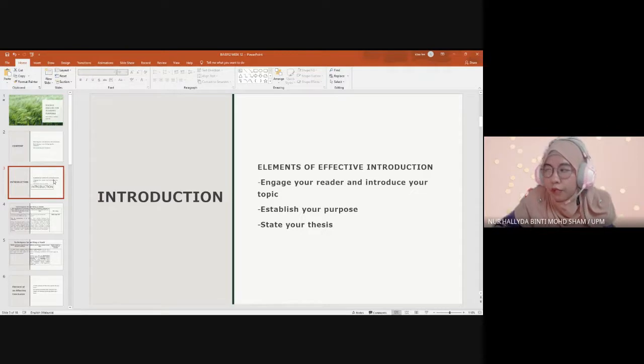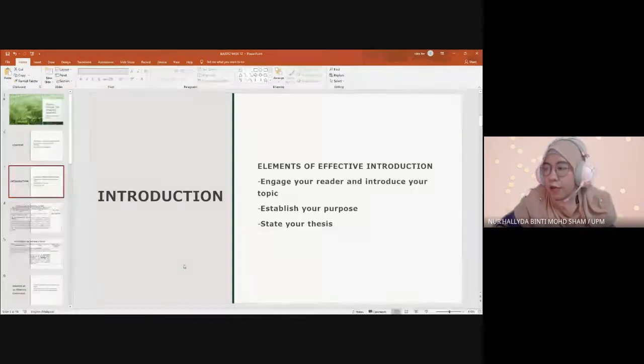Let's say you have a lot to cover, probably your introduction will be divided into several parts. So when you write your introduction, how to make it effective? First, you have to engage your reader and introduce your topic, because first impression is very important, especially in reading, in writing. When your reader reads your essay, of course, you want to make sure they are engaged, they are interested, and make sure in your introduction you introduce your topic, you establish your purpose, and you state your thesis.